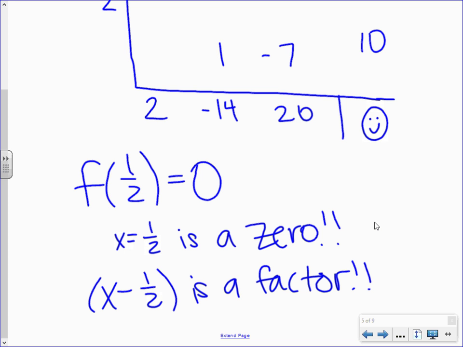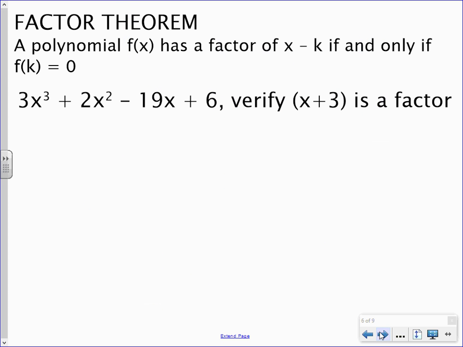If we know a 0, then we know a factor. A polynomial has a factor of x minus k if and only if f of k is 0. If you remember back to your geometry days, if and only if means you can read the sentence forwards and backwards and it's correct.